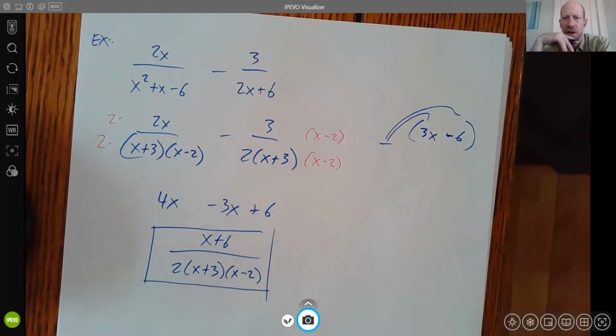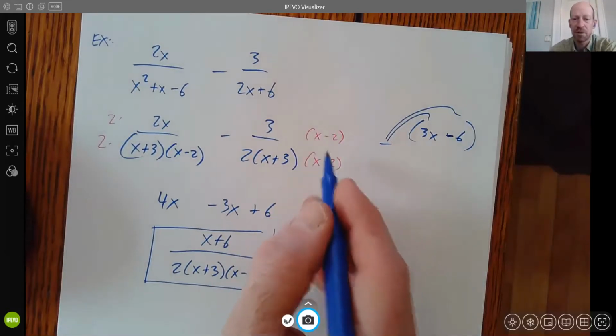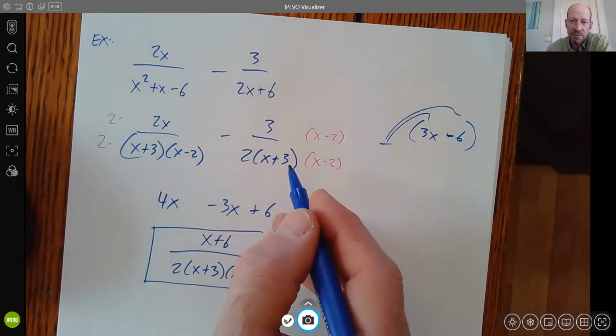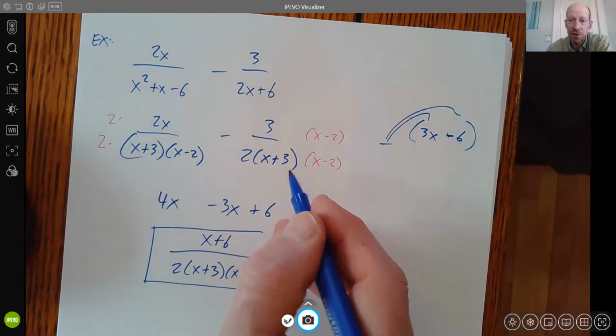Any questions on either of those last two problems, this addition subtraction process? In some ways, I think it's probably the most difficult of the things that we do in this section, just because you have to change the problem, and then you've got to kind of continue and do some other work too.